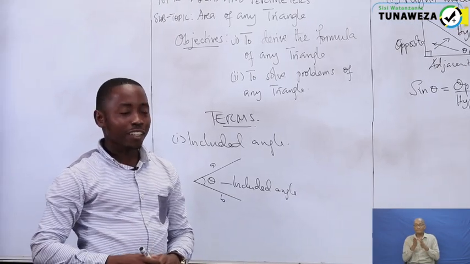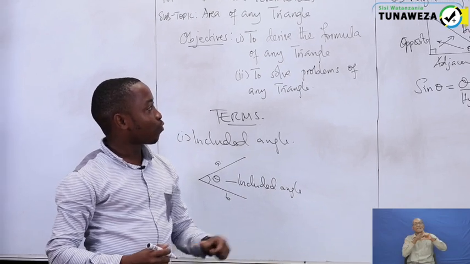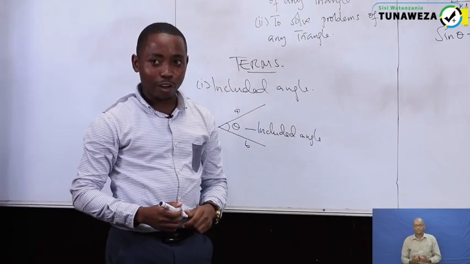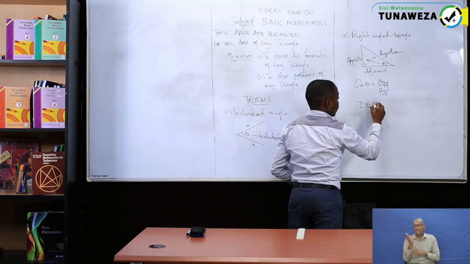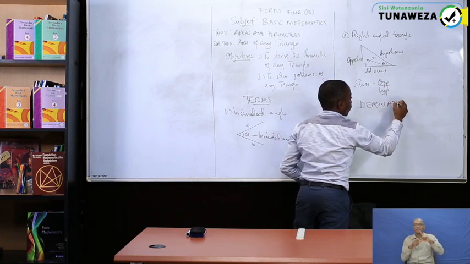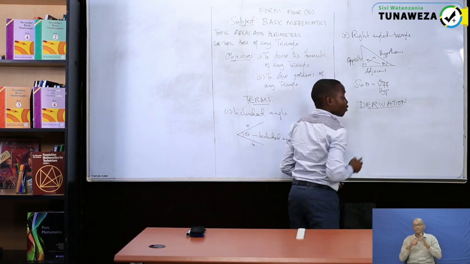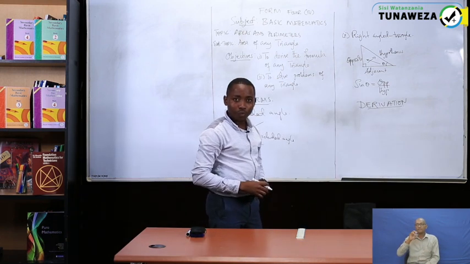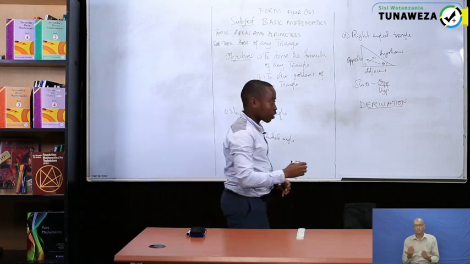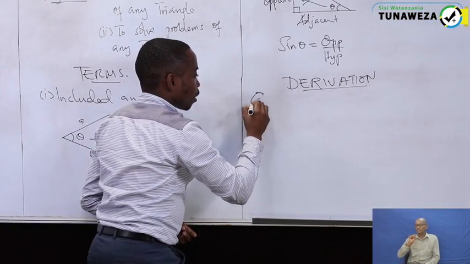Now let us derive the formula of any triangle. Consider any scalene triangle. Let's say we have our scalene triangle as the following.